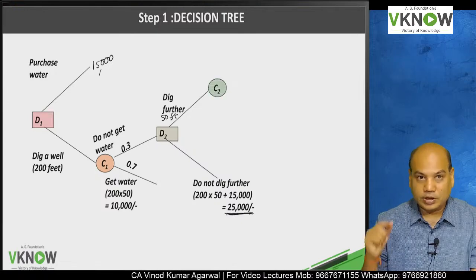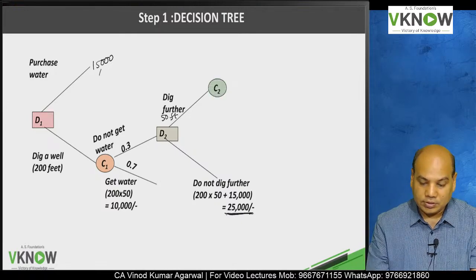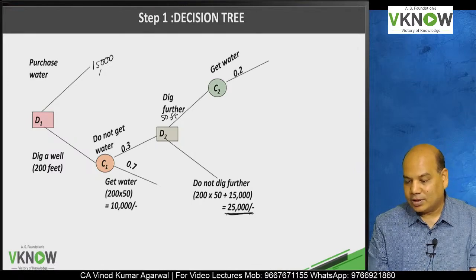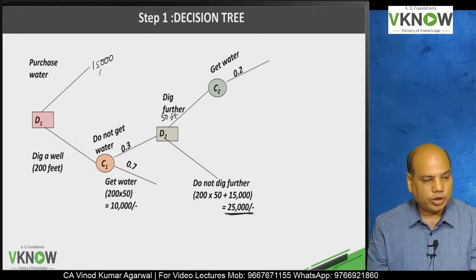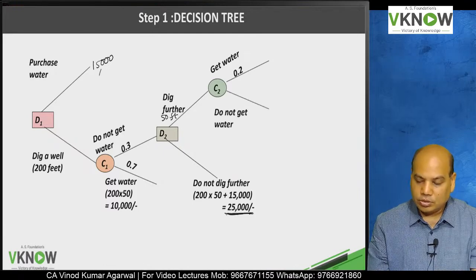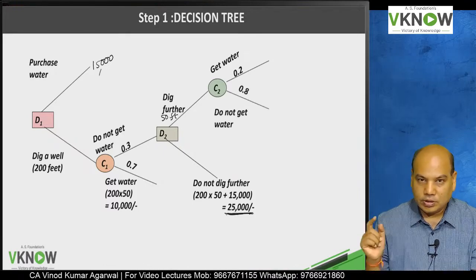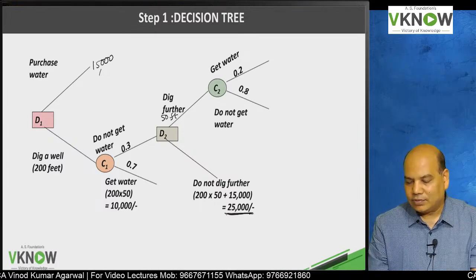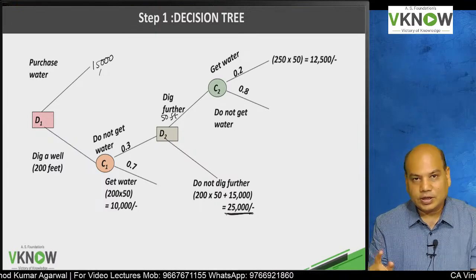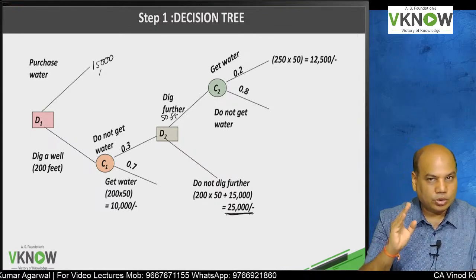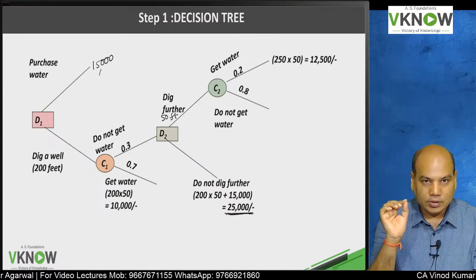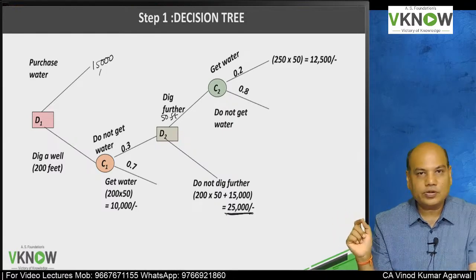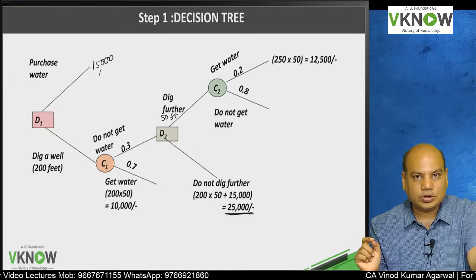But if I dig further, there are two possibilities. Either I may get water with 0.2 probability or I do not get water with 0.8 probability. If I get water after digging further 50 feet, my total cost will be 250 feet into 50 rupees, 12,500 will be my total cost.